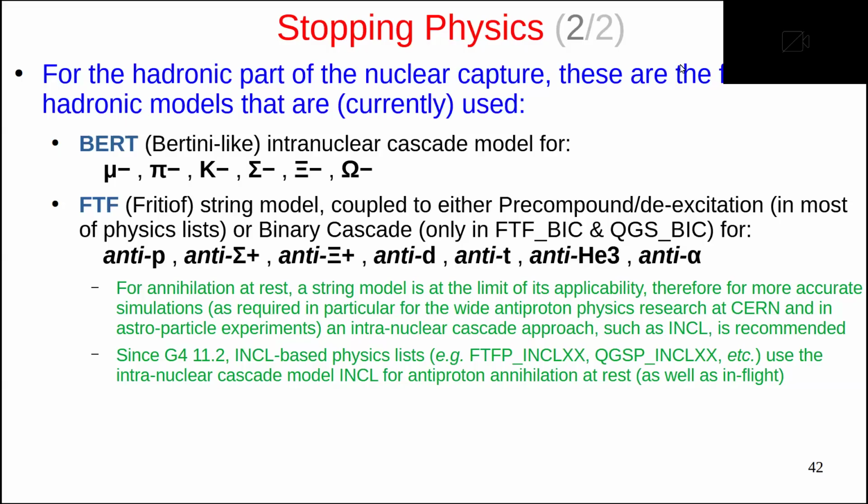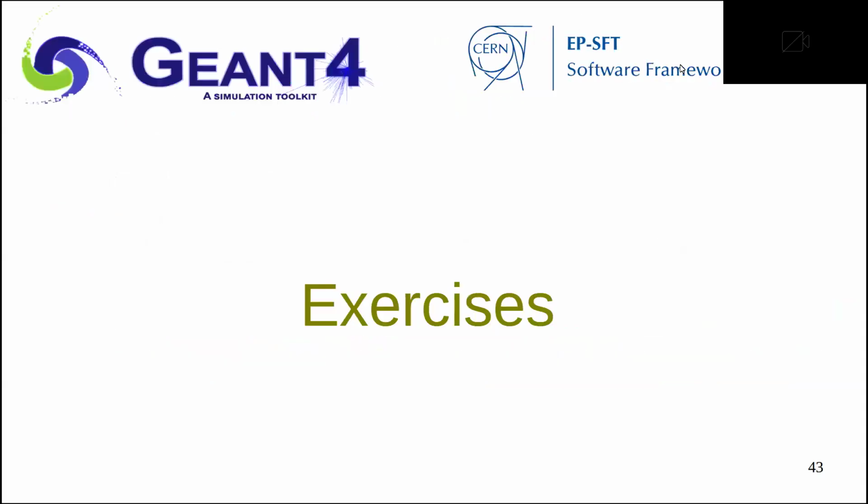And as I said, we are really at the limit of applicability of a string model for the annihilation. We expect that INCL, the intranuclear cascade, will actually do better than what the string model can offer. And that's it.